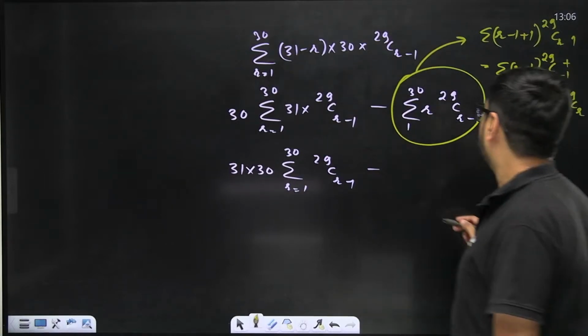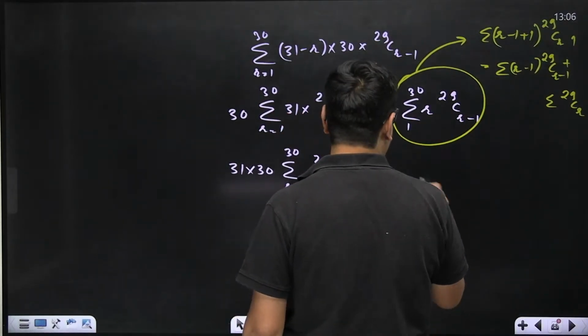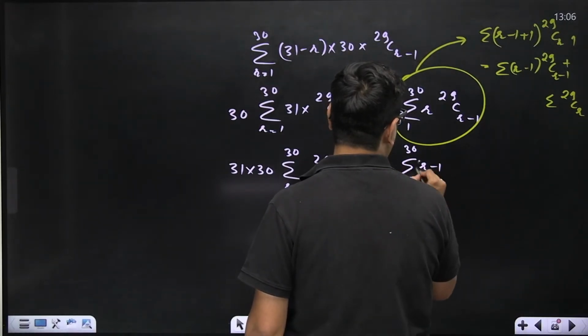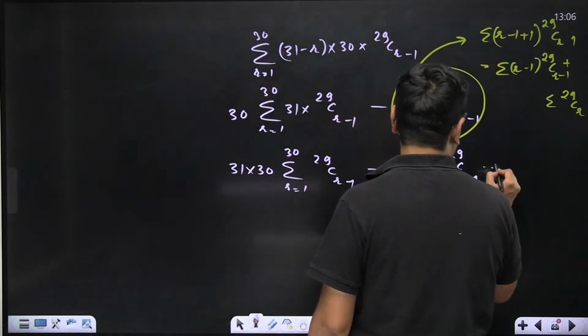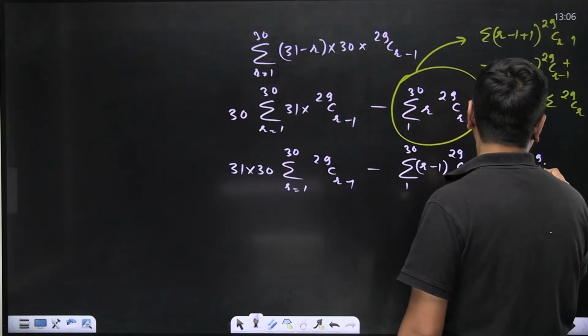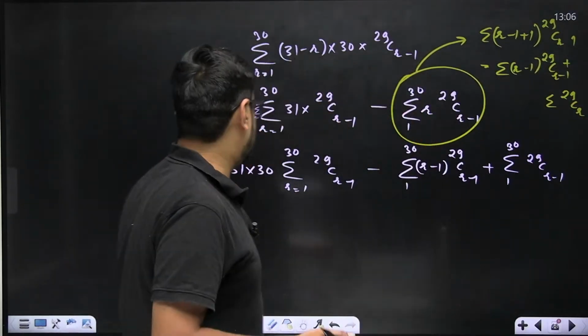This is how it will become. I'll write here once again. So this will become the summation 1 to 30 of R minus 1 times 29CR minus 1 plus the summation 1 to 30 of 29CR minus 1, right? Now this has become an easy problem.